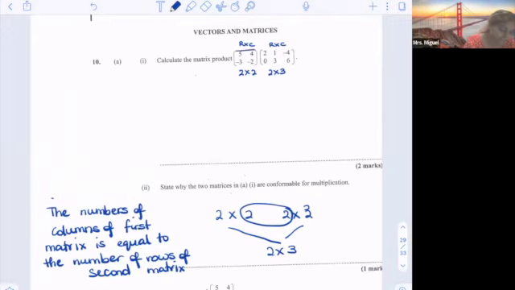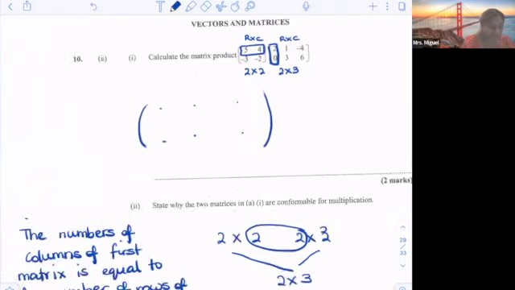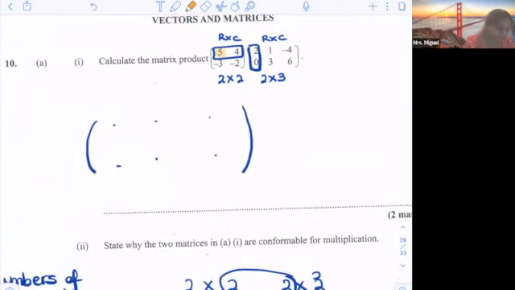So we are multiplying first row by first column. We can do a bracket and we know it's a 2 by 3. So the first element, 5 by 2. 5 multiplied by 2 will give me 10 plus 5 by 0, which is 0.